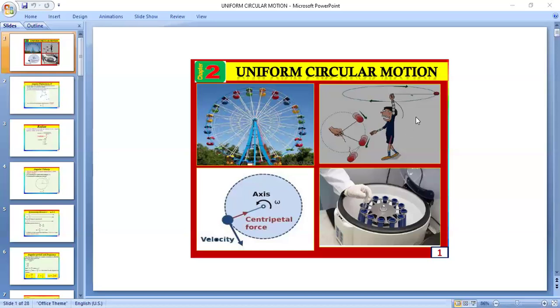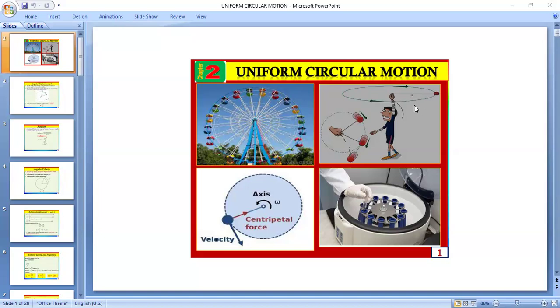When it comes to horizontal circular motion, like the second case here, where the stone is being whirled horizontally in a circle, the acceleration due to gravity acts downwards on the stone. Therefore, it has nothing to do with the centripetal force, which is the tension in the string, so we ignore it.